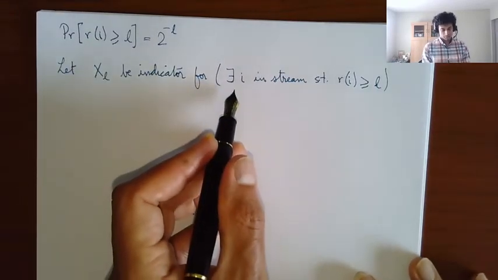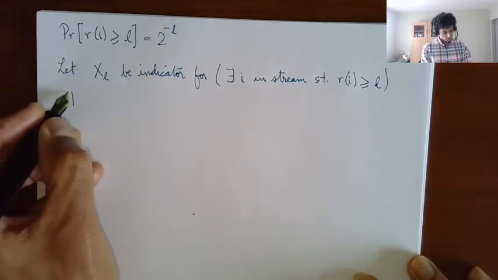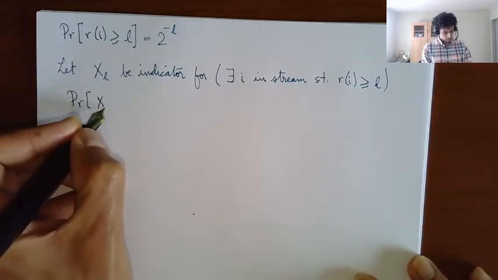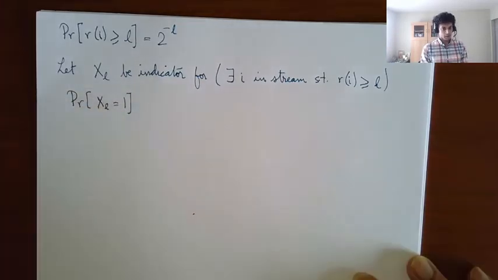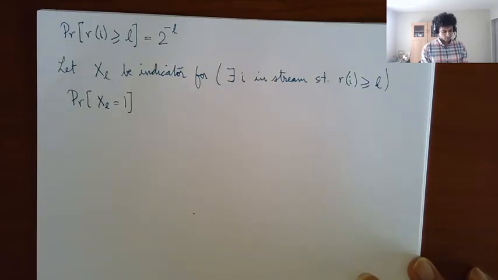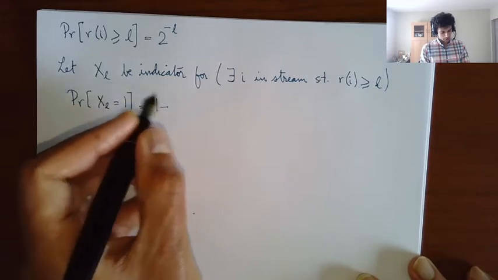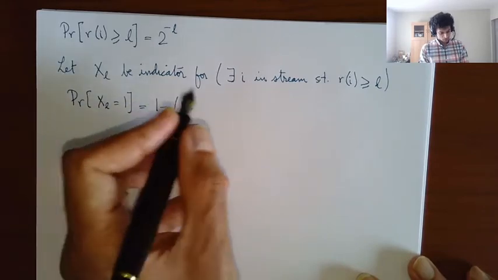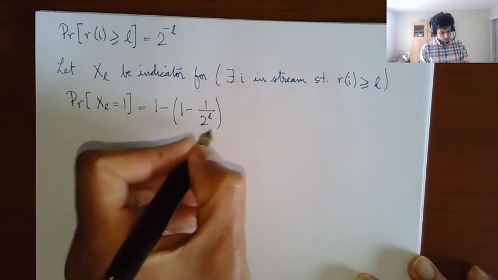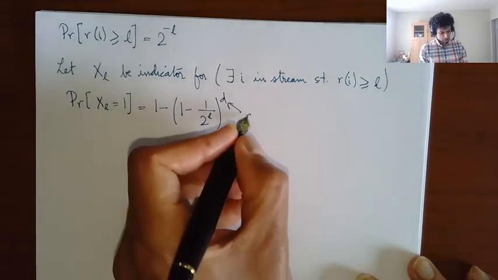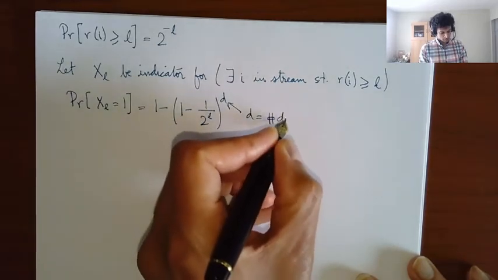What's the probability that XL is equal to 1? We can write this as 1 minus (1 minus 1 over 2 to the L) to the power D, where D is the number of distinct elements.